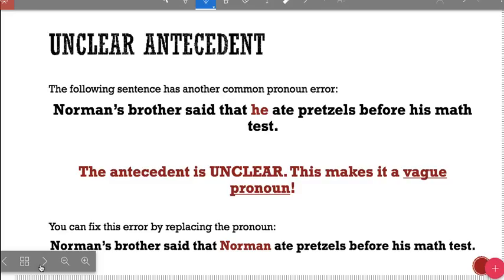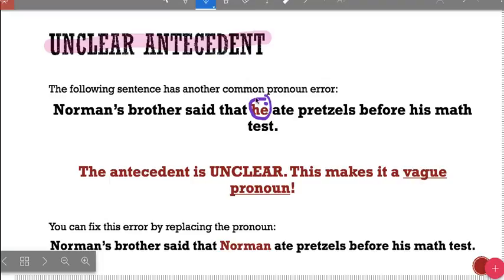There are a couple other ways that we might have a vague pronoun. Another way would be an unclear antecedent. That means that there is an antecedent in the sentence. It does seem to refer to something, but you can't tell who or what it really is. So for instance, Norman's brother said that he ate pretzels before his math test. Well, who is he?